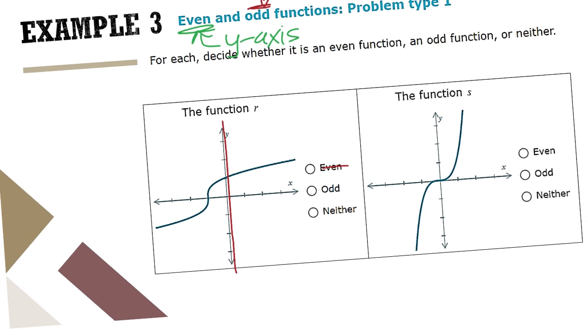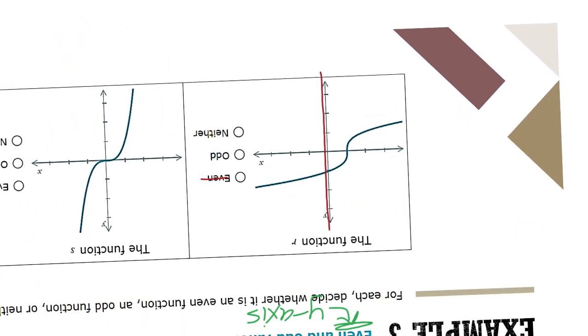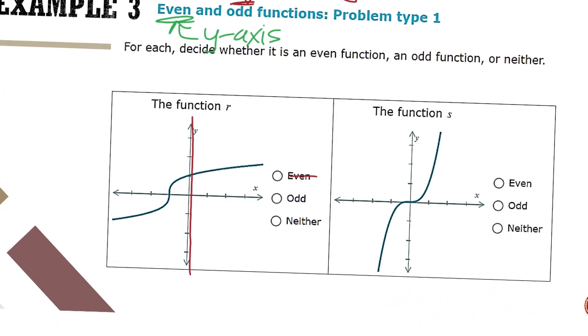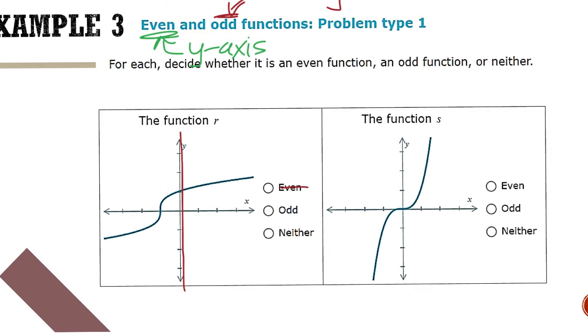So let's go back here. This was actually moved over to the right one. So it's not identical. It was actually shifted one to the right versus one to the left. So we cannot say that is odd either because it was shifted over. So that is neither of them.